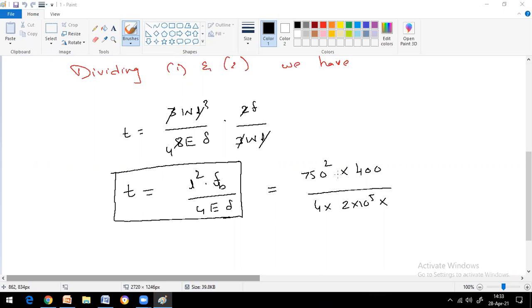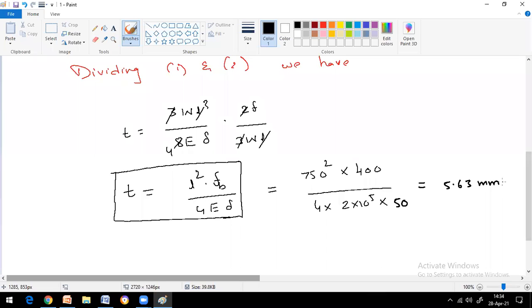So 750 square into 400 by 4 into E, which is 2 into 10 power 5, into delta, the deflection of the given plate, which is 50. By calculating this, you get the thickness as 5.63 mm. So 5.63 mm is the thickness of the laminated plate.